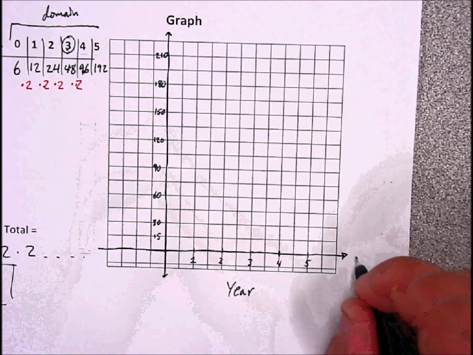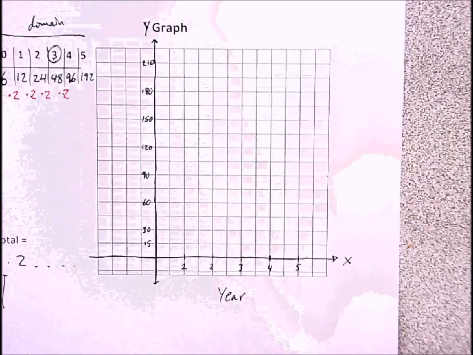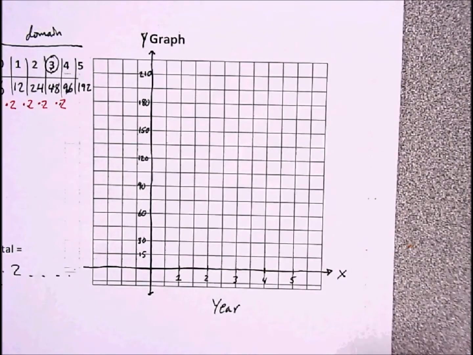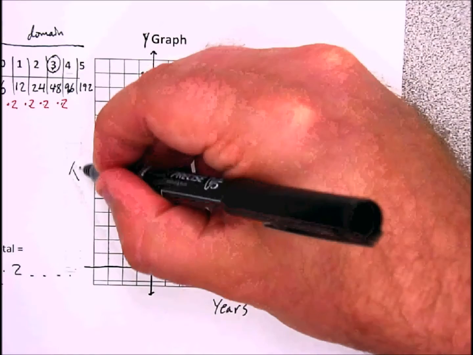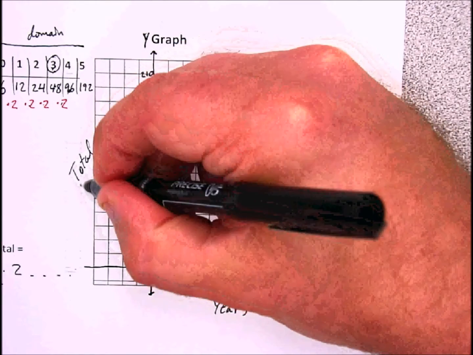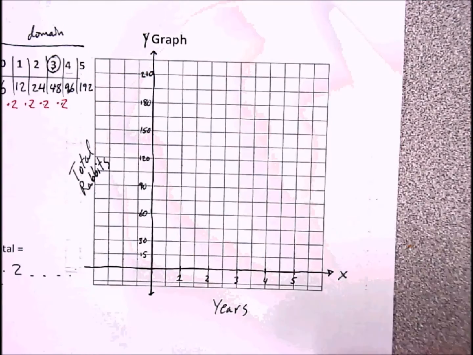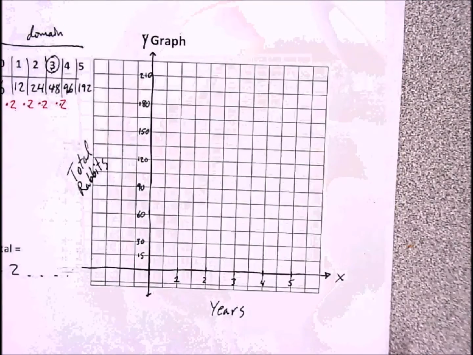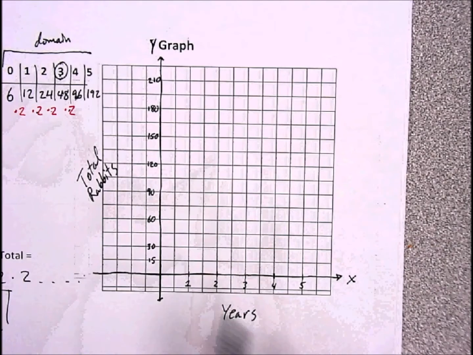So I'm just going to call this the x-axis and the y-axis, but you can choose however you want to describe it. So this is years, and this is going to be total rabbits going vertically.